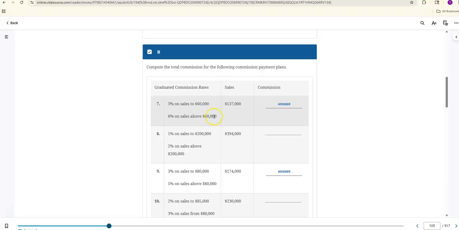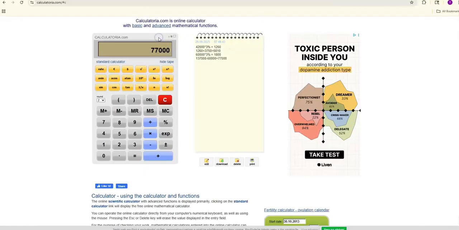So remember that everything that they sold over $60,000, they're going to get a 6% commission rate. So I'm going to take that $77,000 and multiply this by 6%, and this gives me $4,620.